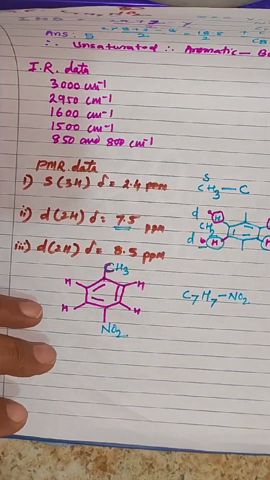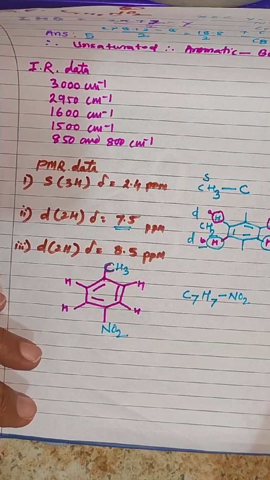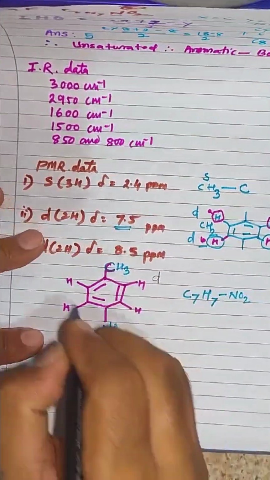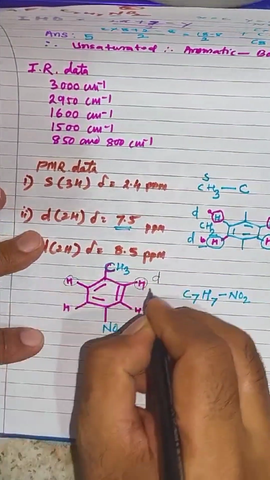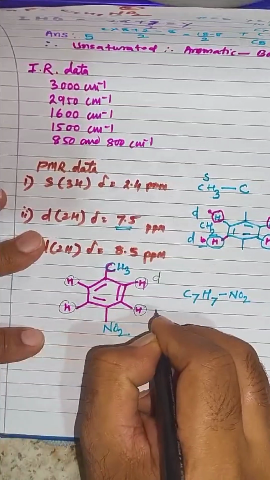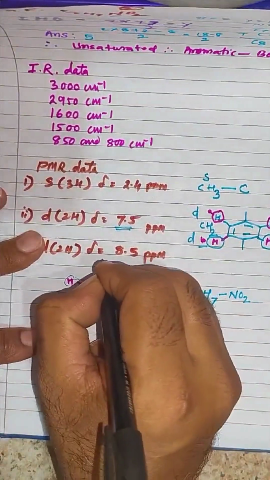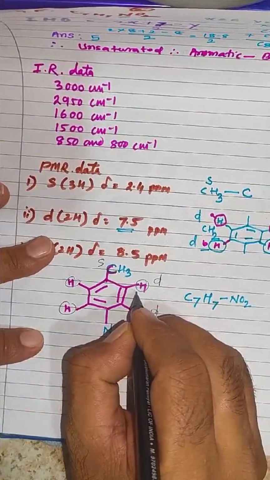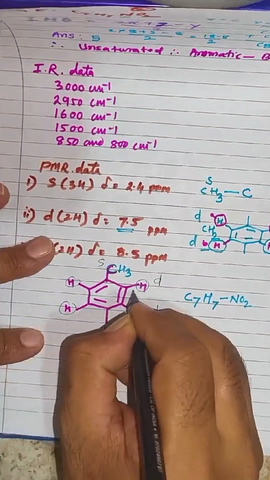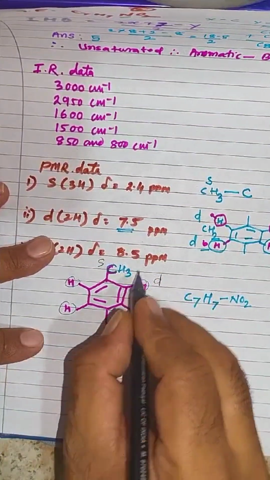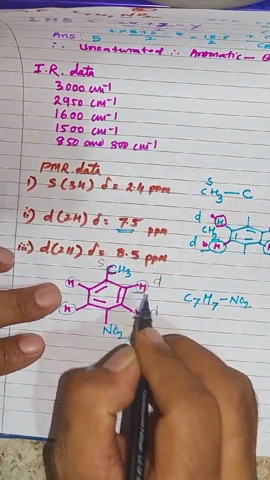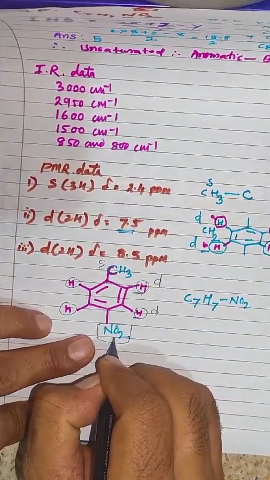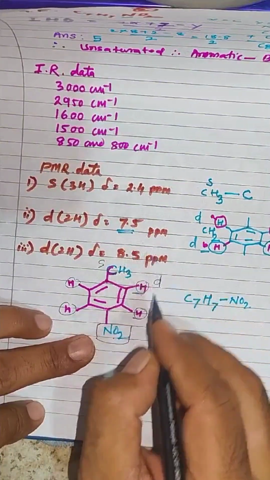Now we can see whether our answer is correct or not. This hydrogen shows a doublet, this hydrogen also shows a doublet, and this shows a singlet, so there are only 3 peaks. Why do these two hydrogens show a difference in delta value? Because there is a strong electron withdrawing group on this side, so the signal goes downfield.